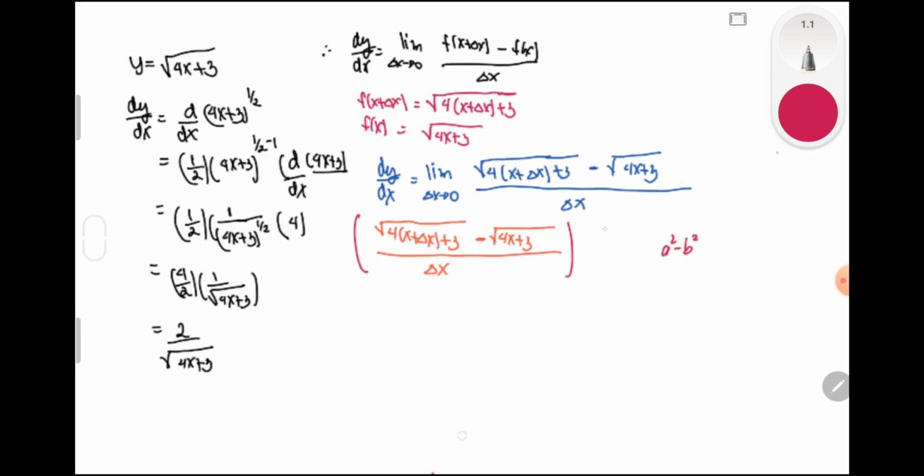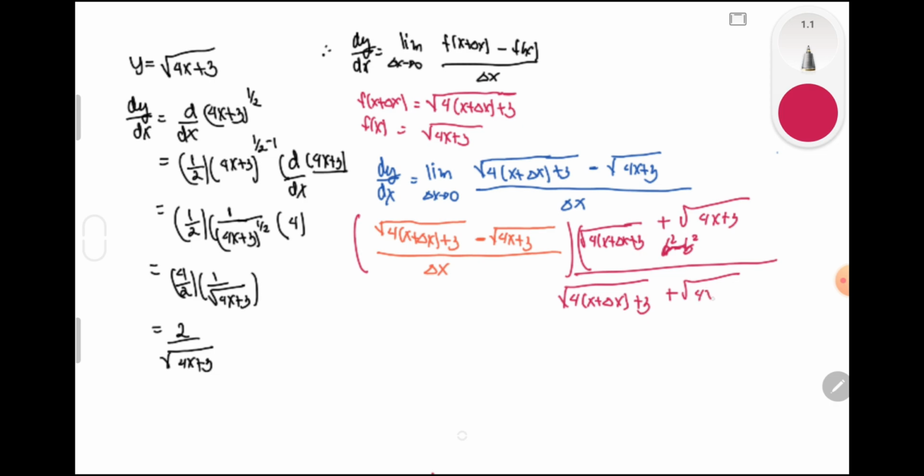So therefore we would multiply by the conjugate of this, which is the square root of 4 multiplied by (x plus delta x) plus 3 plus the square root of 4x plus 3, divided by the square root of 4 multiplied by (x plus delta x) plus 3 plus the square root of 4x plus 3.